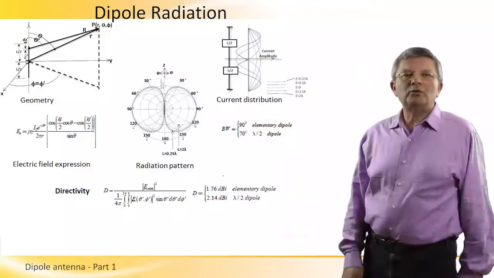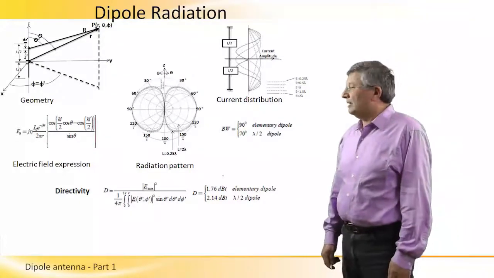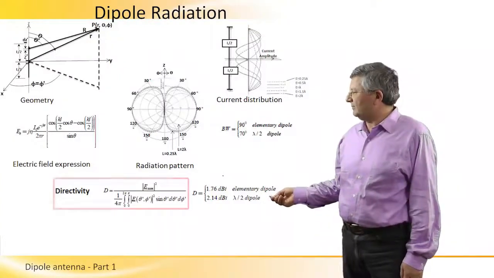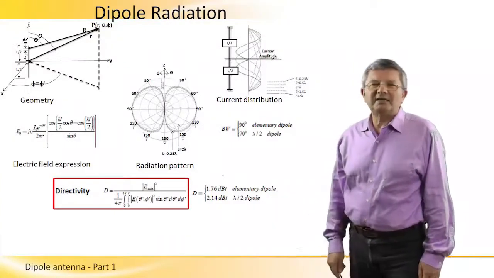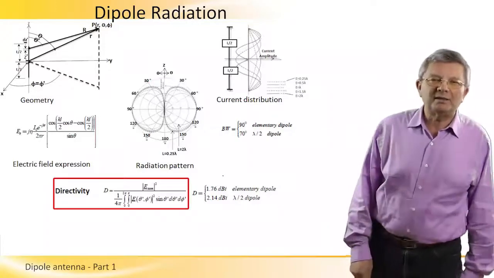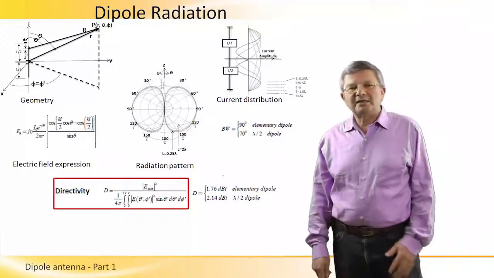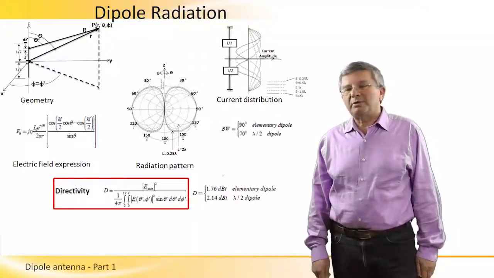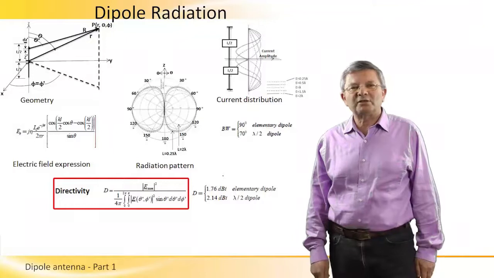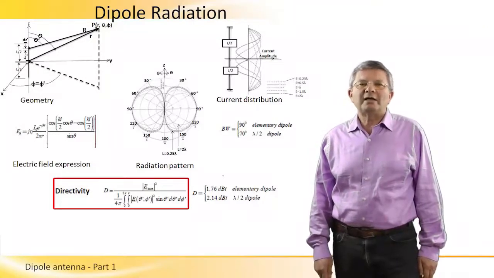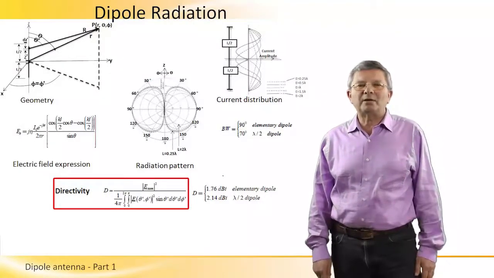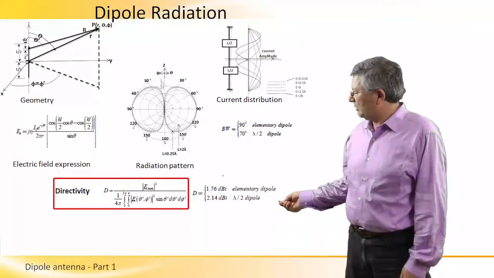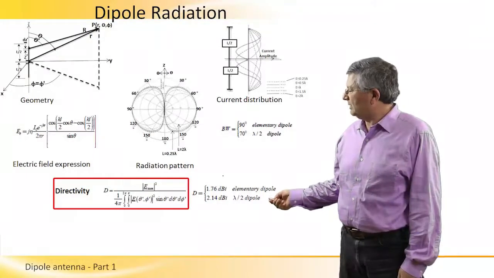Now let's go to another important parameter or characteristic of antennas, which is the directivity. The directivity is a parameter which tries to quantify the electromagnetic power density in the maximum direction relative to the total radiated power uniformly distributed in space, which is the denominator in this case.